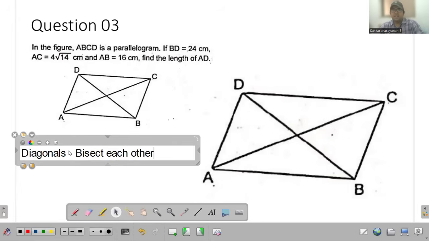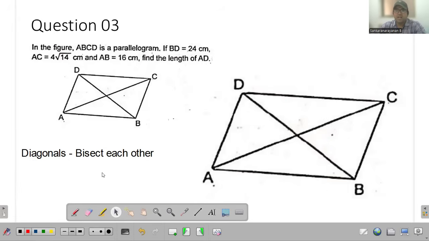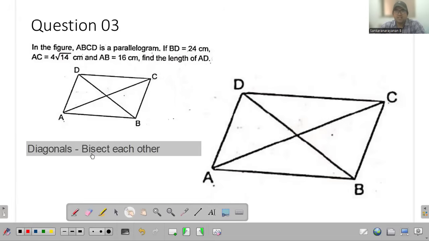I cannot say that the diagonals of the parallelogram bisect at 90 degrees, I cannot claim. But at least be aware that diagonals of a parallelogram bisect each other. That is one result you should keep in mind while attempting this question.